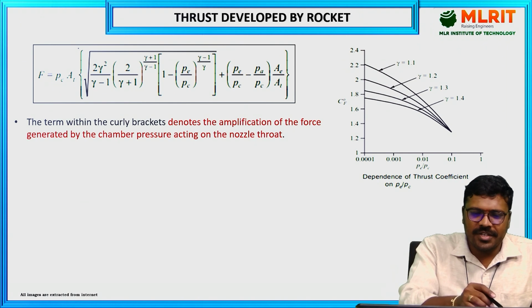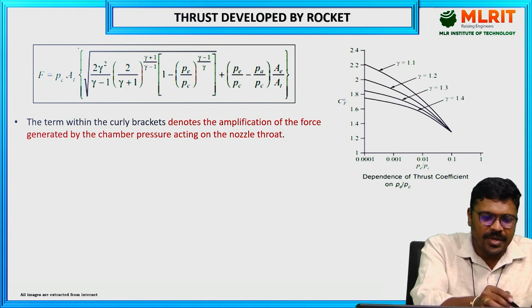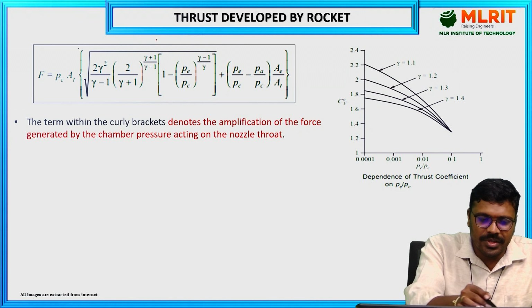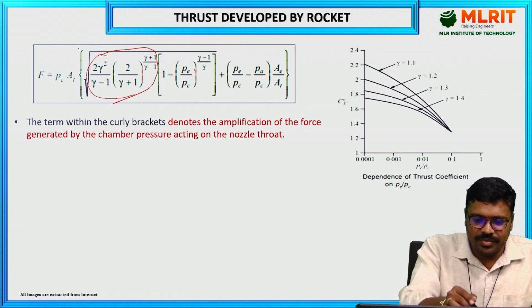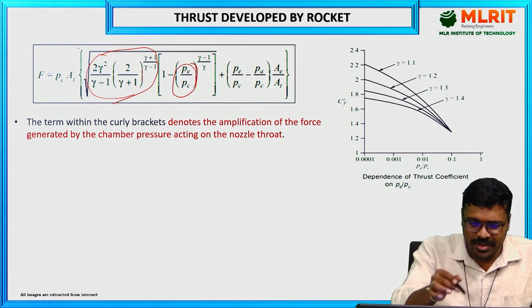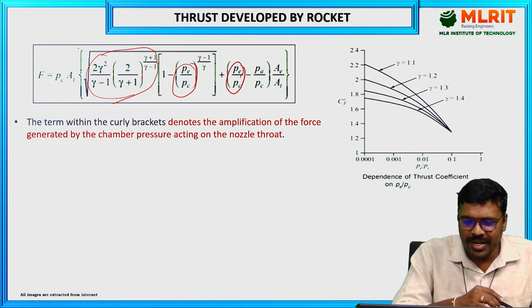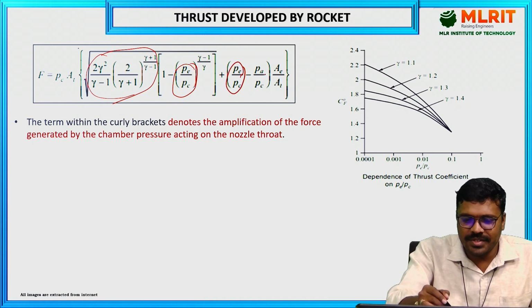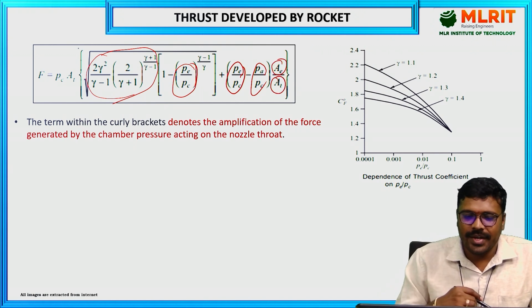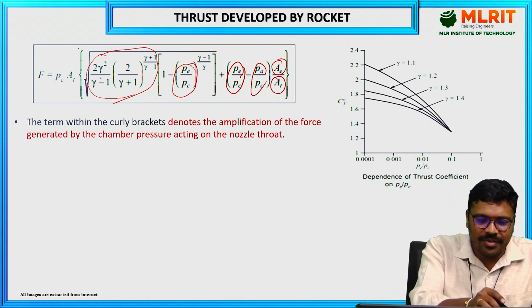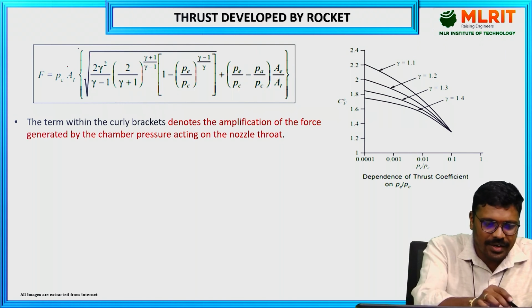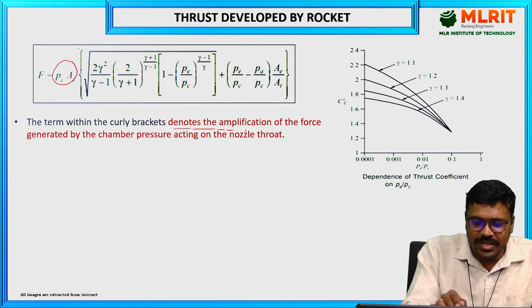So the final equation of thrust developed by a rocket is F is equal to PcAt into all this term which is in the curly bracket. If you observe this total equation, this is in terms of gammas, and this is the Pe by Pc ratio, exit pressure to chamber pressure ratio, and here also exit pressure to chamber pressure ratio, and this is ambient pressure to chamber pressure, and this is the exit to throat area ratio, Ae by At. So the term in the curly bracket, except PcAt, which denotes the application of the force.